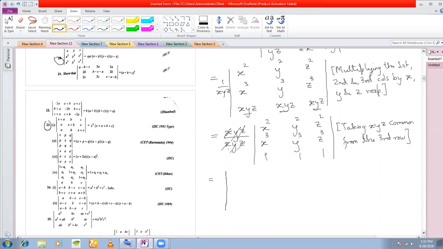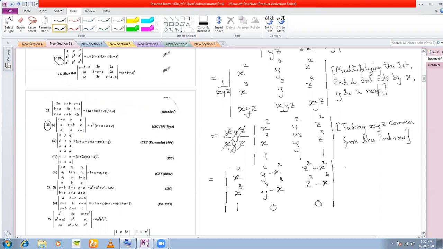So now what you do is you subtract the first column from the second and the third column. So what do you get? Y square minus x square, y cube minus x cube, and you get a 0. Z square minus x square, z cube minus x cube, and you get a 0.